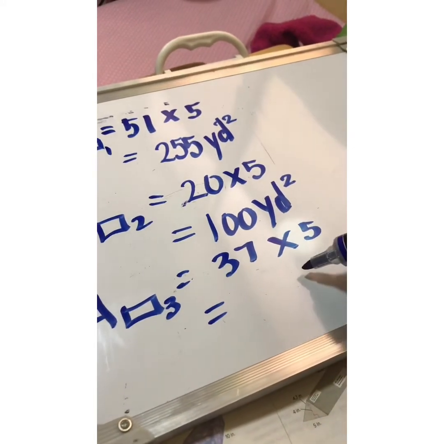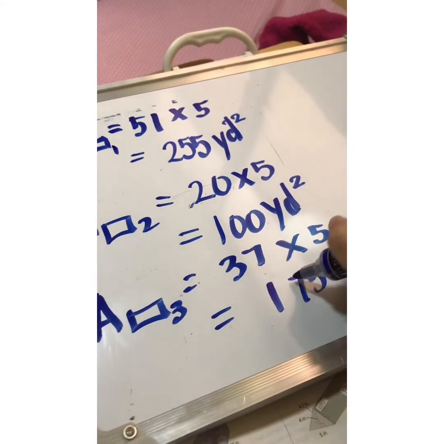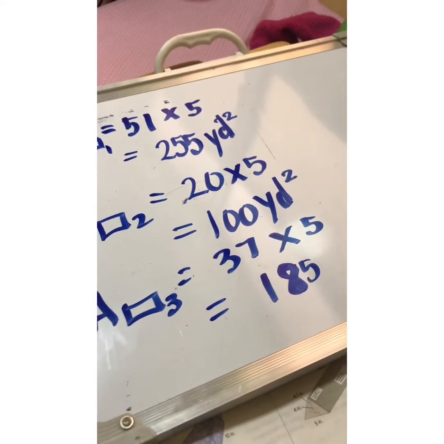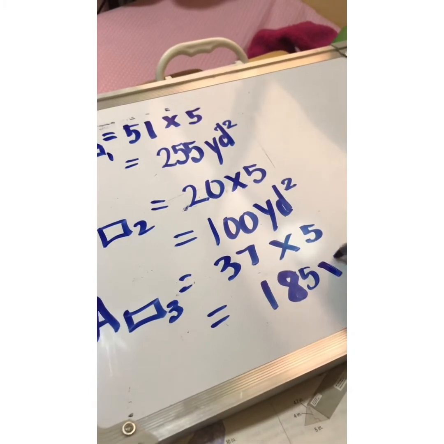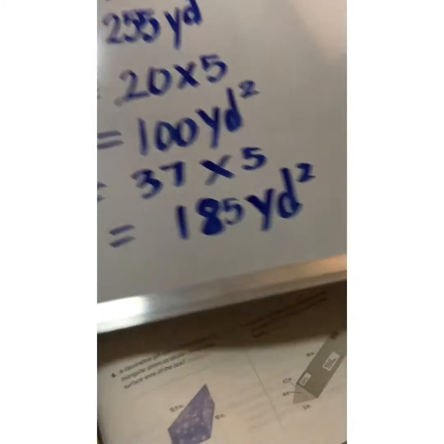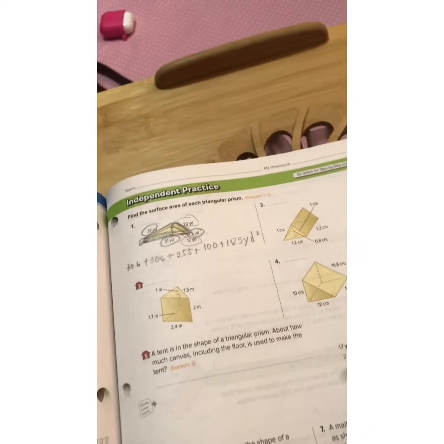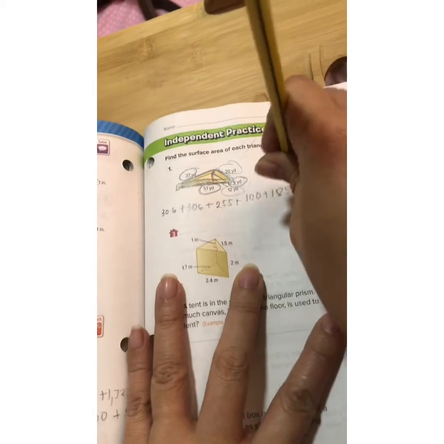What will be the answer? We got 185 yard square. Okay, so that's for the third rectangle. So you write it here, plus 185. Since I didn't start writing the unit, no need to write it. We'll write it for the final answer.